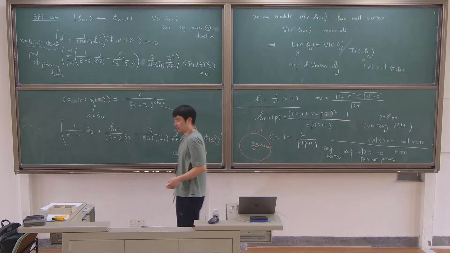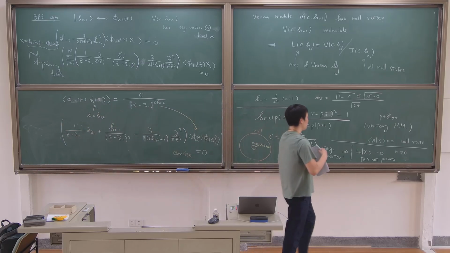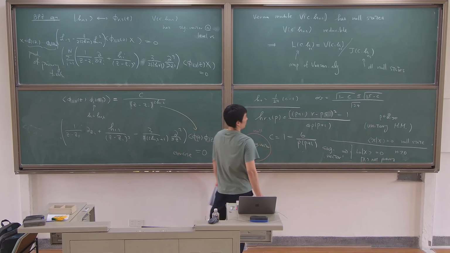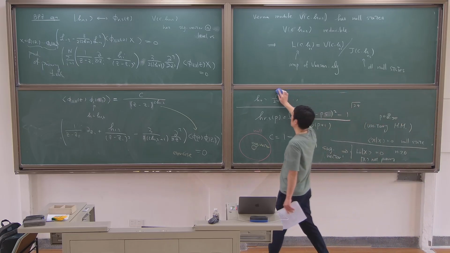Now the three-point function. The three-point function will tell you something very non-trivial. That's an important thing. We know that conformal invariance will tell you the three-point function has a particular form.